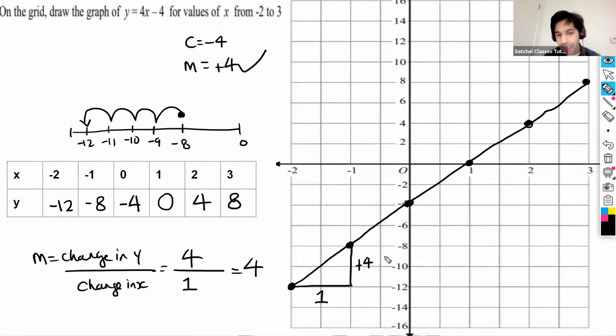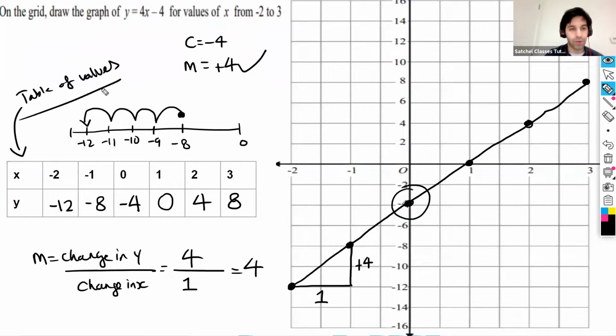And it works out because I worked out my y-intercept to be -4, and I worked out my gradient to be +4 by just testing it over here. So this is correct, and we just plotted a graph using a table of values. This is known as a table of values.